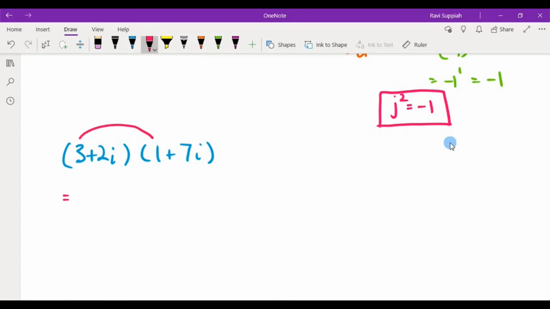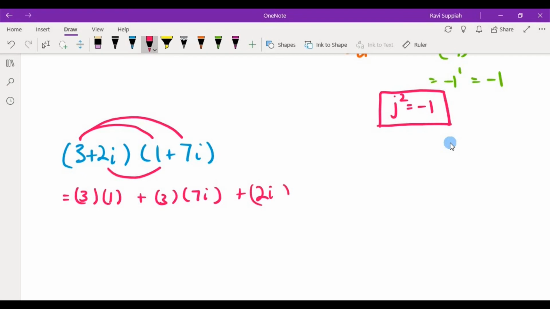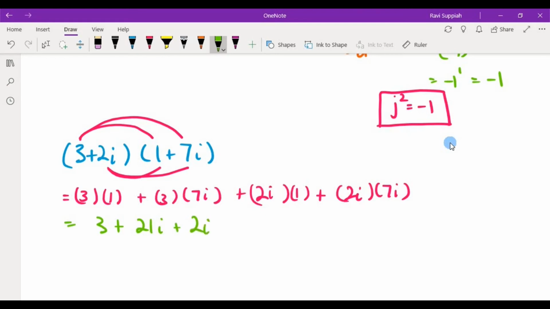So 3 multiplied by 1, plus 3 multiplied by 7i, plus 2i multiplied by 1, plus 2i multiplied by 7i. And what do you get? 3 plus 21i plus 2i plus 14i squared.